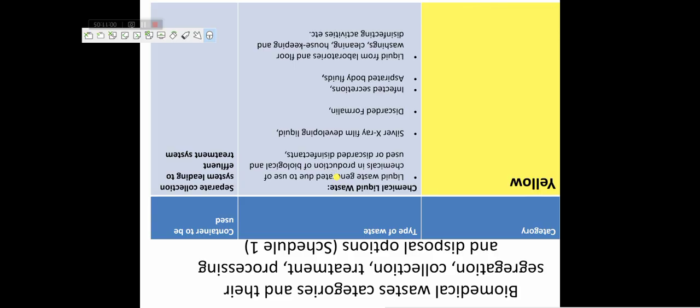So there will be liquid waste generated due to the use of chemicals in the production of biologicals, and used or discarded disinfectants, right?